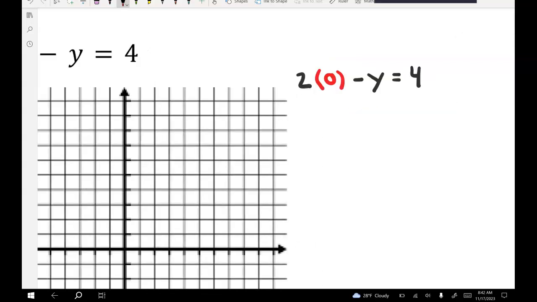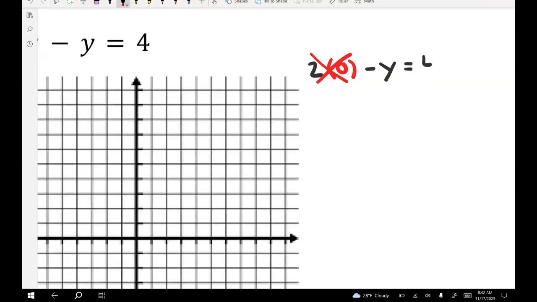Simplifying, this goes away. 2 times 0 is 0. So we're left with negative 1y. I'm going to write this negative 1y in front because we don't want a negative 1y. And again, 1's always floating in front of our numbers. We want a positive y.